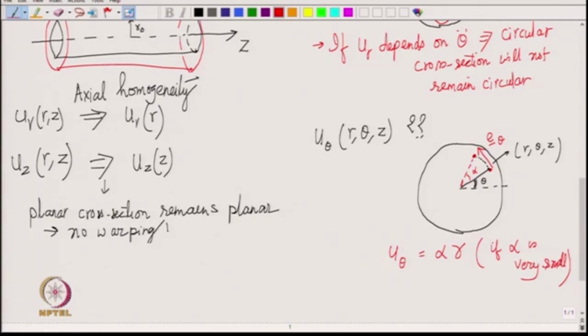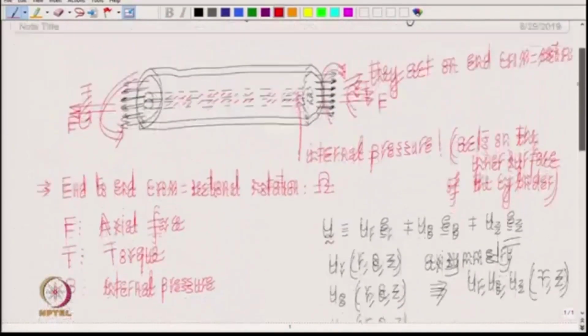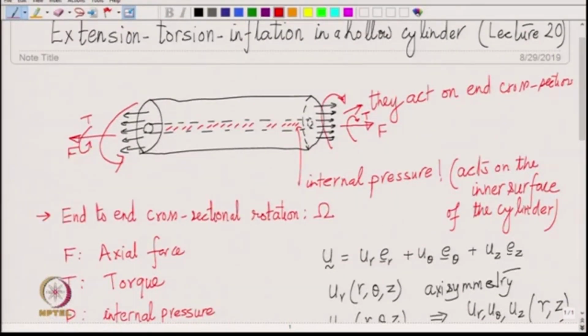Now, how much would be alpha for a cross section? So, let us come back to our original figure, and what we had said is that the end cross sections they rotate by omega by 2 and omega by 2, is not it? So, that the total is omega.